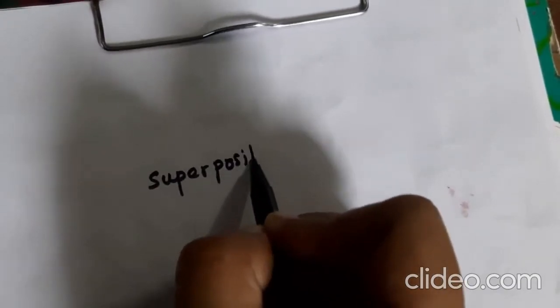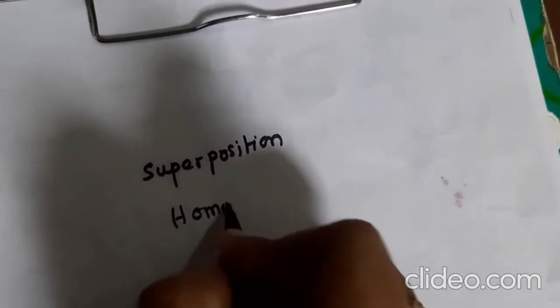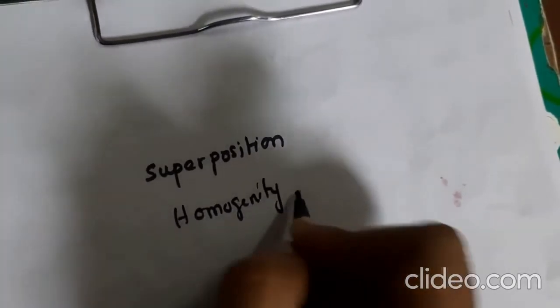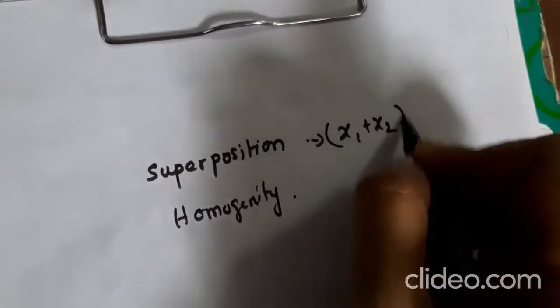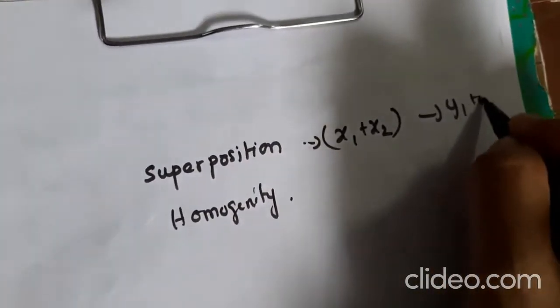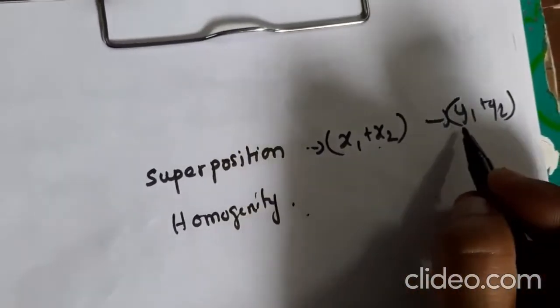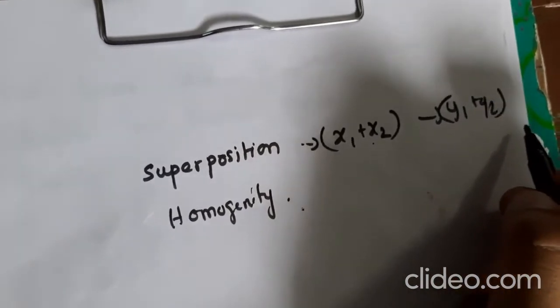Any system is said to be linear if it satisfies two conditions. One is superposition, and the next one is homogeneity. For superposition, if the inputs are added, x1 plus x2, the output also adds, y1 plus y2.